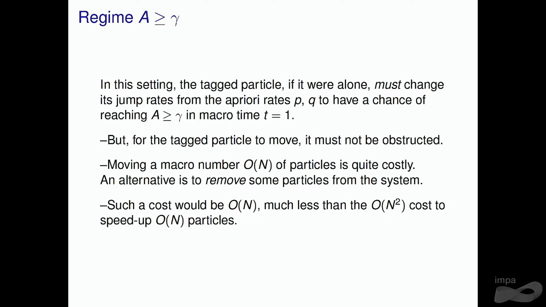On the other hand, if you have a lot of particles in between, then that's a very costly proposition. To speed up each particle is to change its rate. To change its rate up to macroscopic time n would be a cost of order n. But if you have order n particles, then you'd be getting a much larger cost than what we expect.